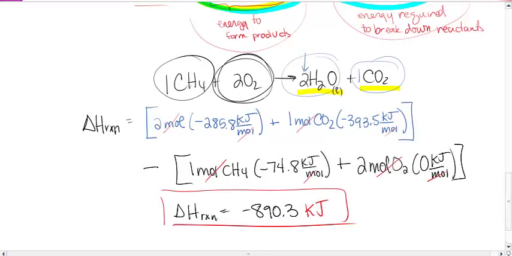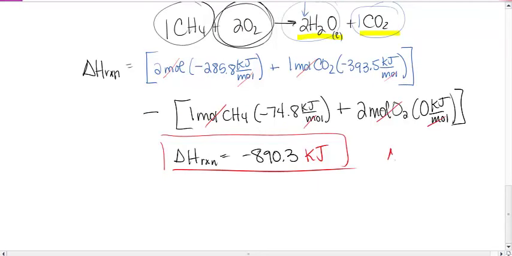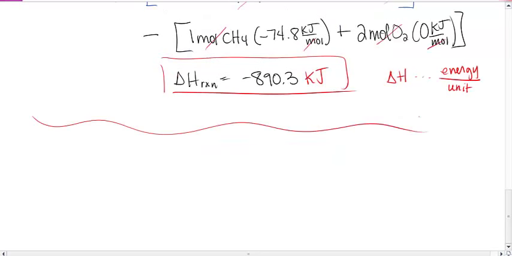Here's the thing. I told you guys in class that delta H's are usually energy per some unit, per mole, per gram, whatever. This doesn't look like it is per mole or per gram. So we have to interpret this reaction, and then that'll wrap us up.